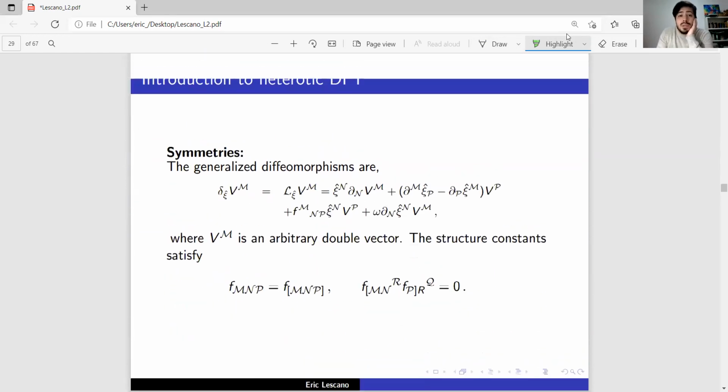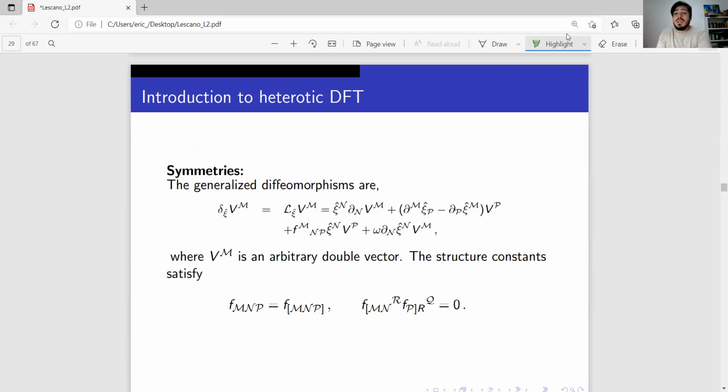So we have symmetries. Let's discuss symmetries. These are generalized symmetries, symmetries from the double point of view. We have generalized diffeomorphisms, but let's observe that we have an extra term over here. We have structure constants. These are a generalized notion of structure constant.